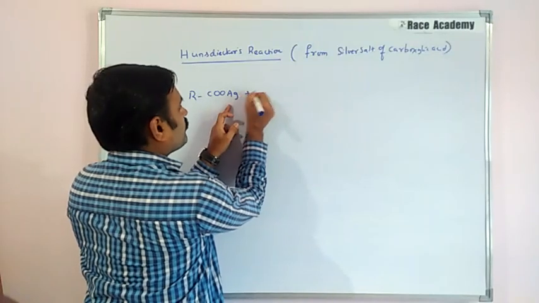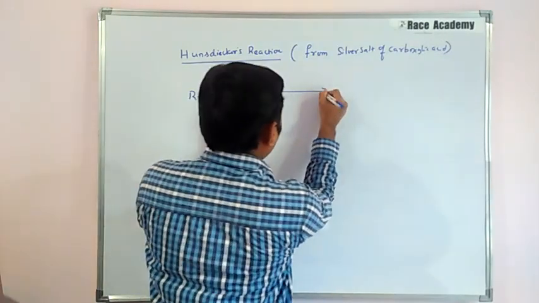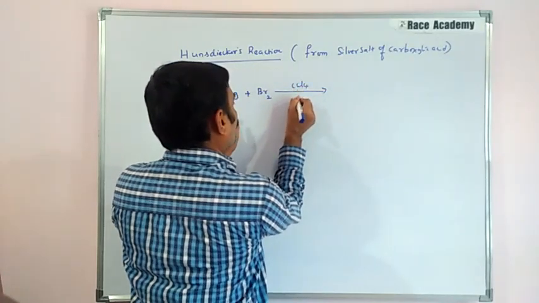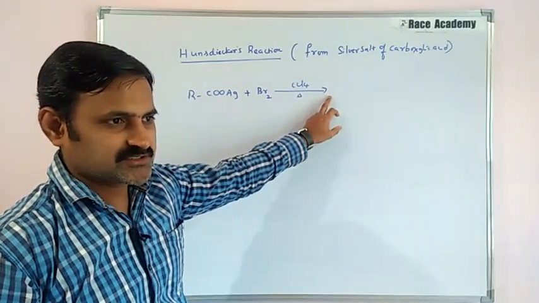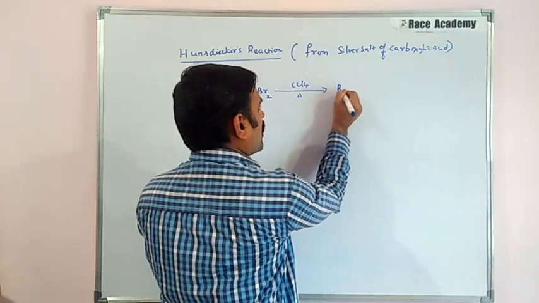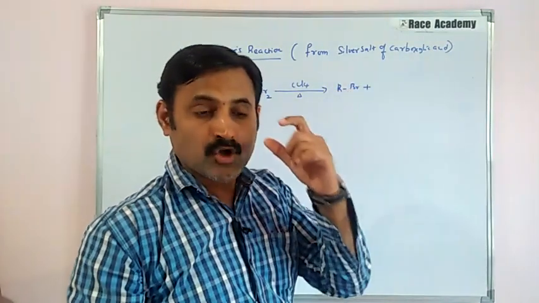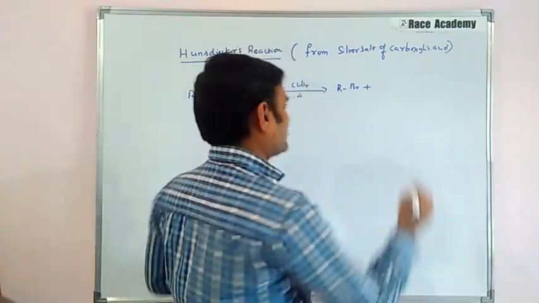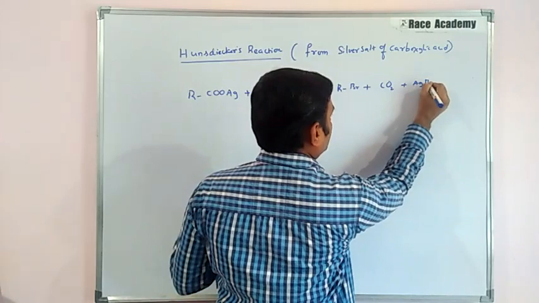This silver salt of carboxylic acid reacts with bromine in the presence of carbon tetrachloride. It produces alkyl bromide, RBr, with the liberation of carbon dioxide gas, CO2, and AgBr.